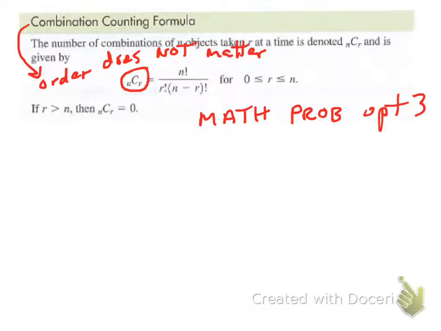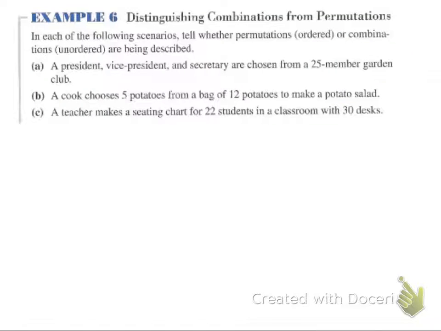Now, in example 6, it says in each of the following scenarios, we need to determine if permutations or combinations are being described. Part A says a president, vice president, and secretary are chosen from a 25-member garden club. Order absolutely matters.